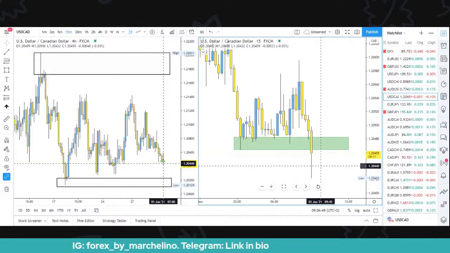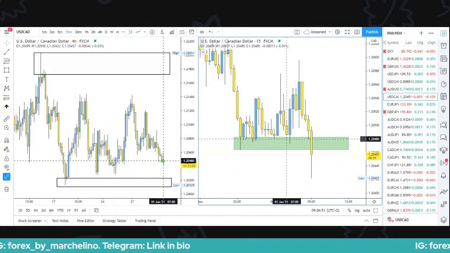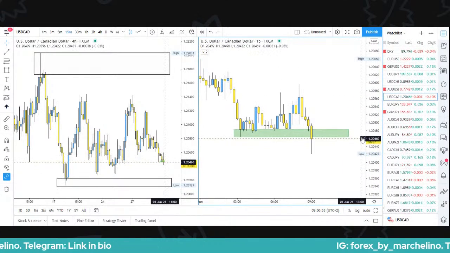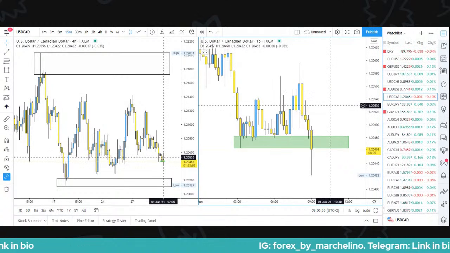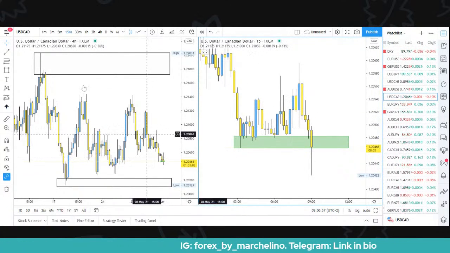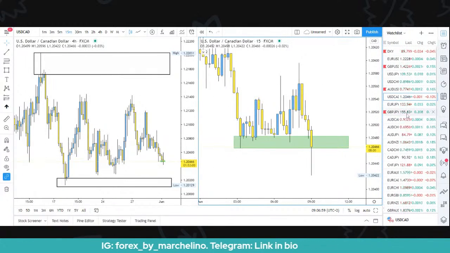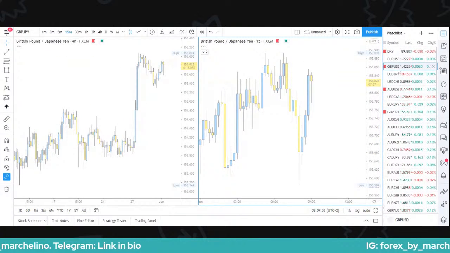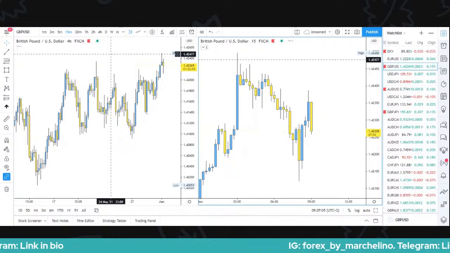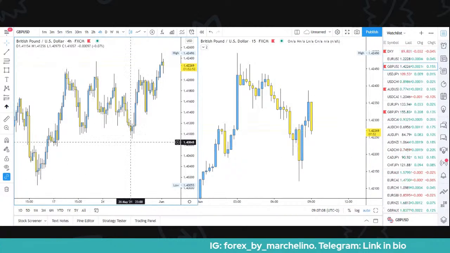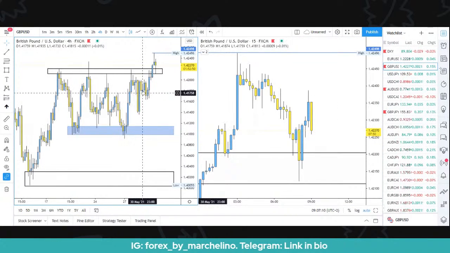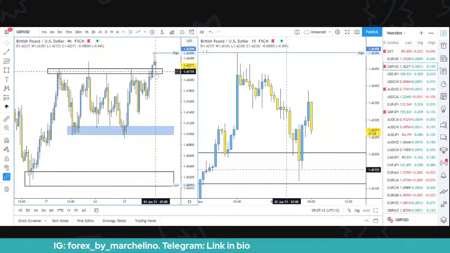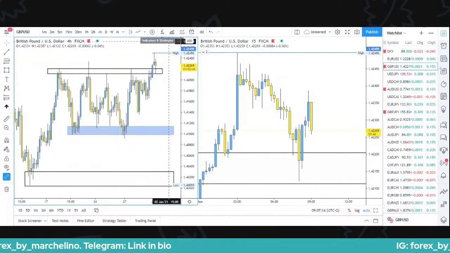We attempted to go low, we failed to go lower. There's potential of going higher now. But on the 4H, we're trading in a hella range. See, the reason why I like GBP USD so much was because of the 4H. Look at this. Breakout, retest, up we go.